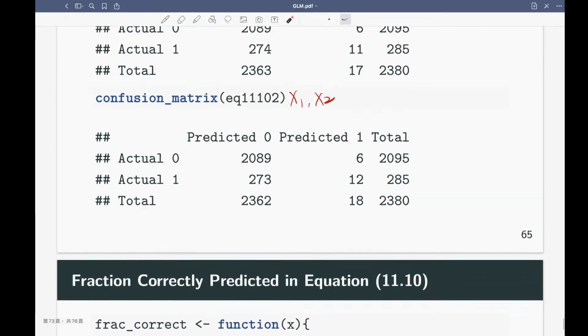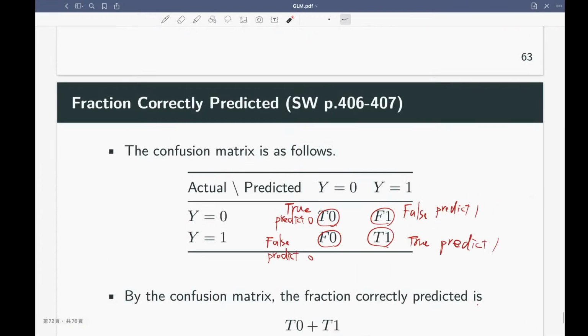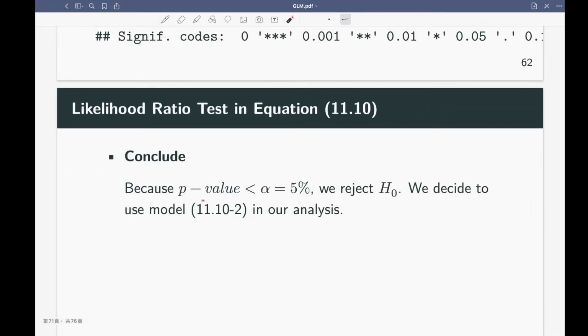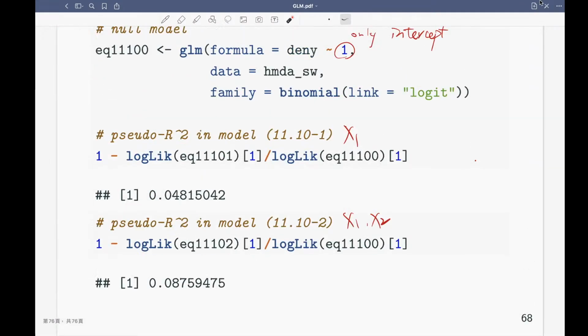In the log likelihood ratio test, we also have the same conclusion, because the p-value is less than 5%, so we should use model 2 in our analysis. Okay, so in the end of this chapter, we take a quick review.